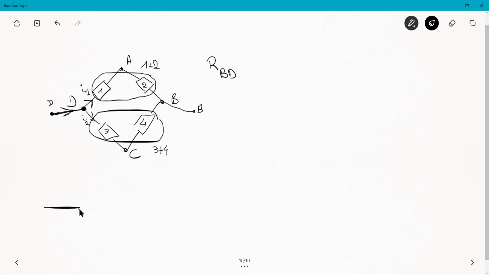So if you want, you can redraw the full thing. You have here a resistor, and this is 1 plus 2, and this is 3 plus 4. So now you come back to a situation where you have two resistors, and because of the node law, the current here is going to be separated into I1 and I2.